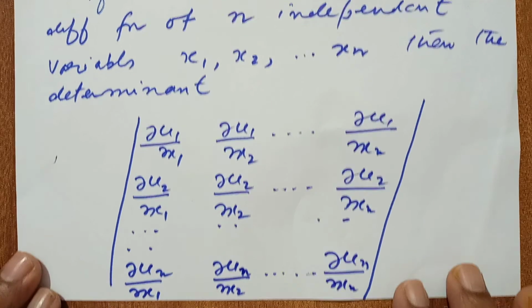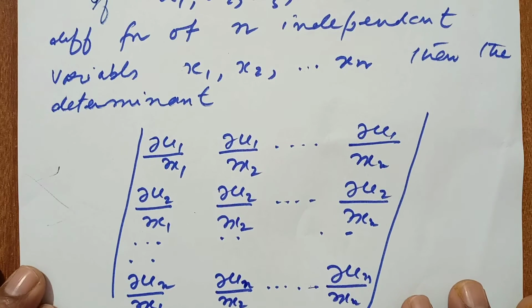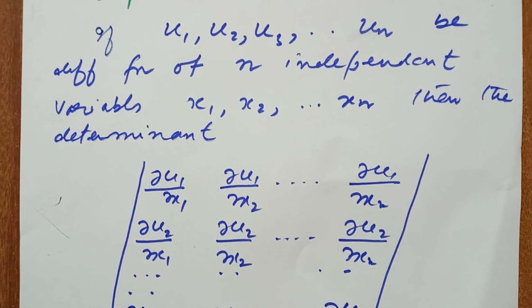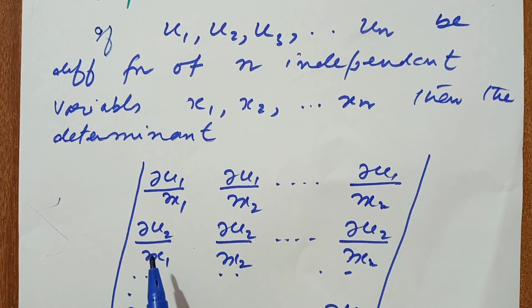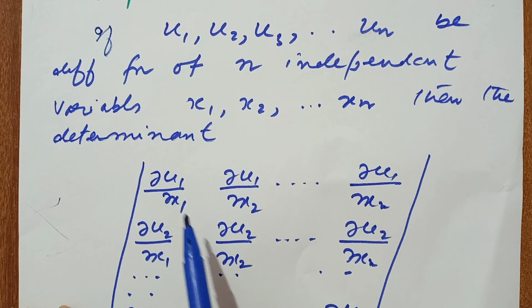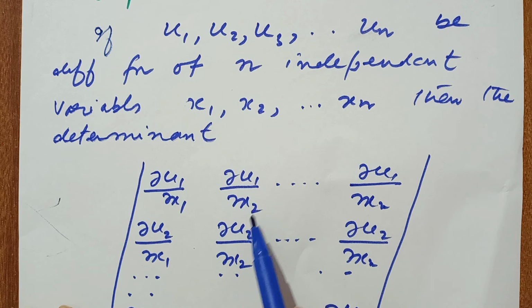So this is the determinant of u1, u2, up to un with respect to x1, x2, up to xn.